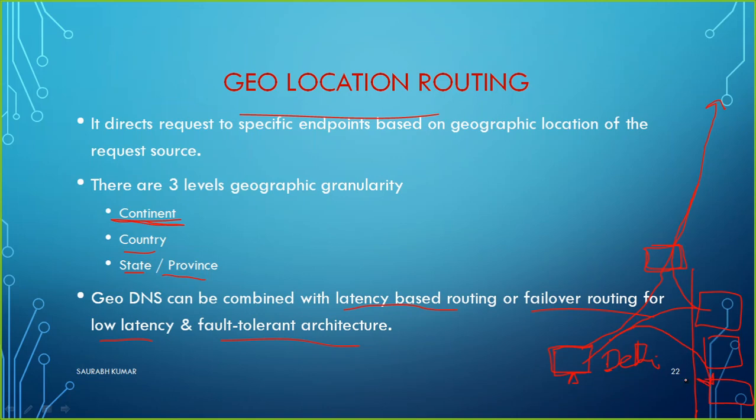That is called a combination of geo plus low latency, so you are getting both functions. You get the query resolved by the nearest DNS server to you, as well as the one having the low latency. These are some of the DNS policies, and these are some of the complex policy types also supported by AWS. If you are using AWS, you will be able to use any of these routing policies.